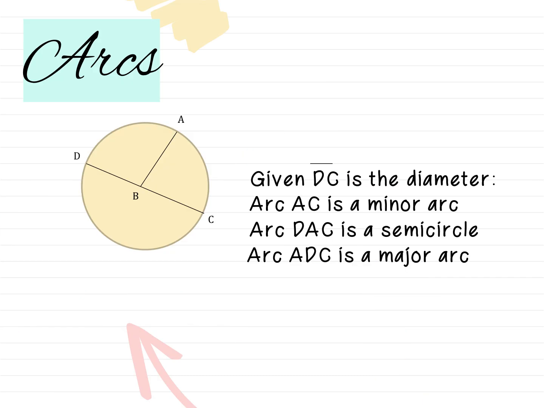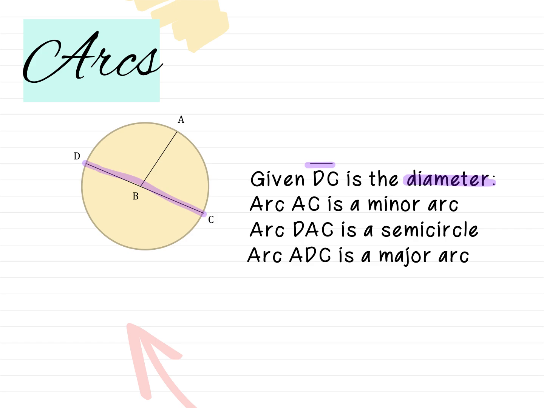Now we're going to determine where those arcs are and what arcs are. Given that DC is the diameter, they're showing you your diameter. Diameter means it goes straight across. This is my diameter right here. Knowing that, look at arc AC before you start writing it in.